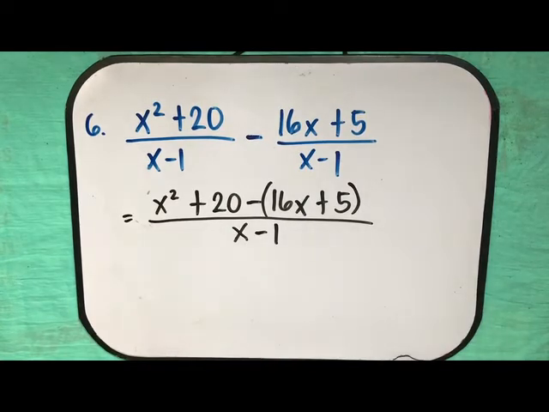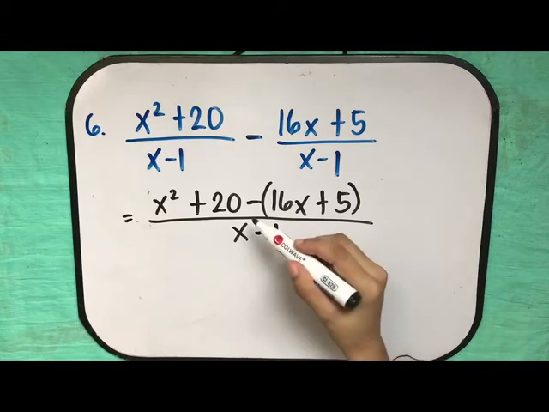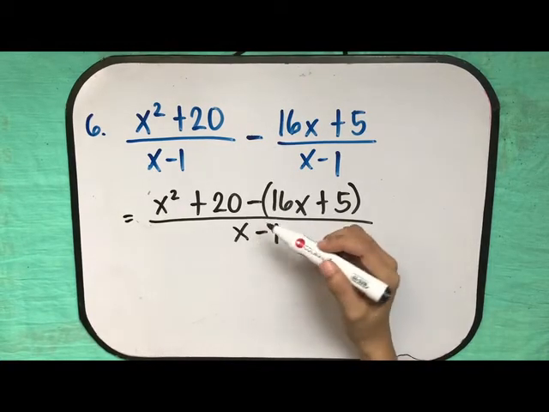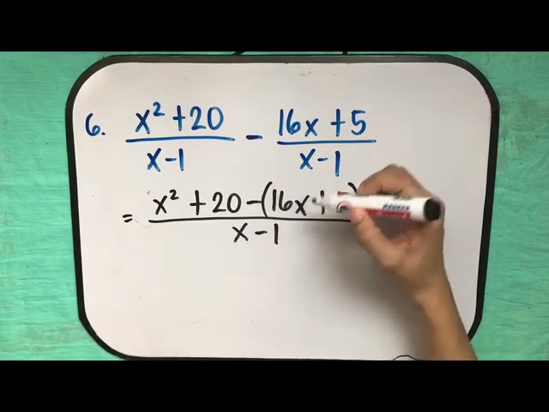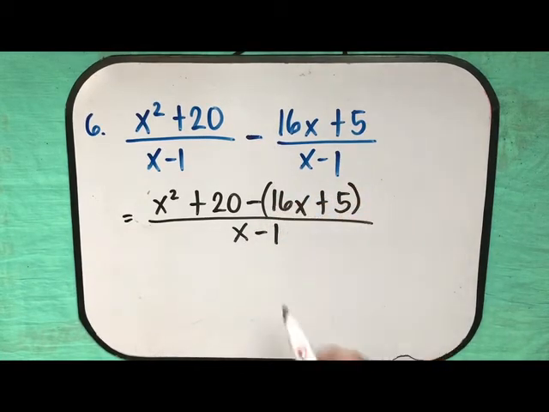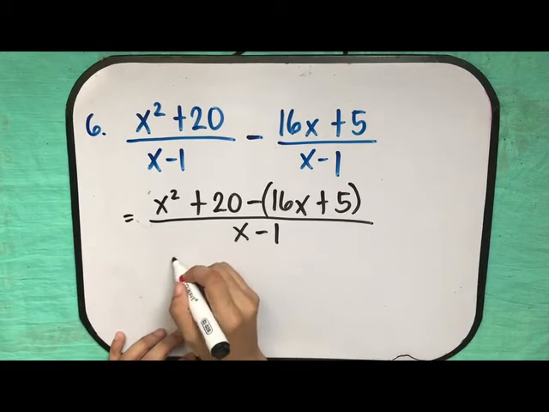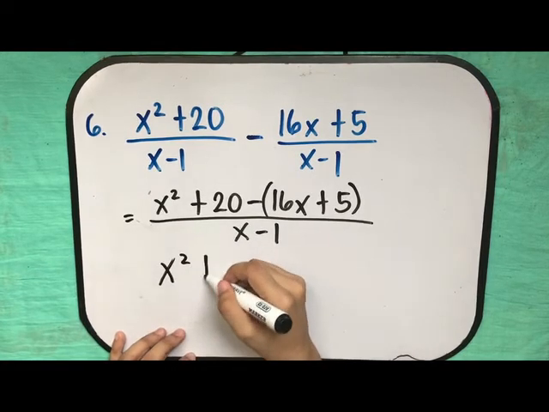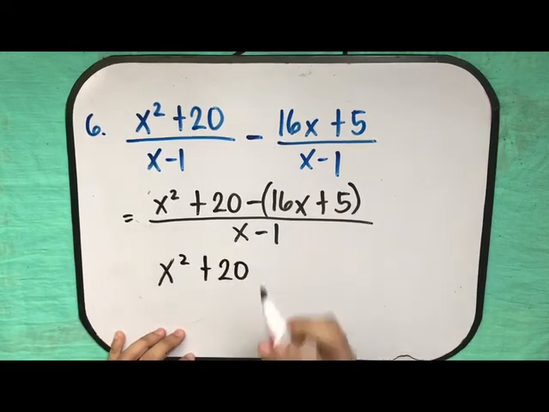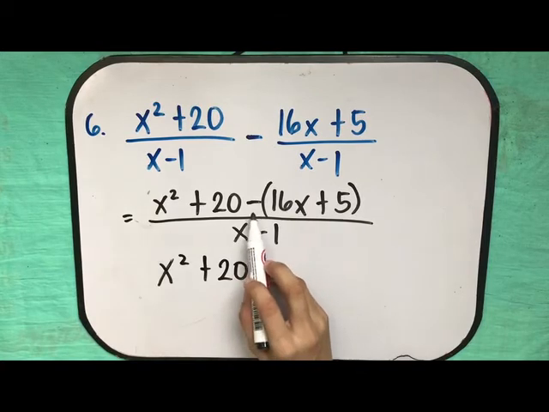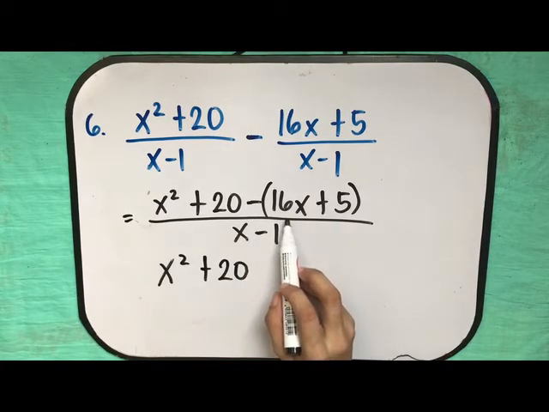Since the operation is subtraction and we are subtracting a binomial from another binomial, we have to distribute this negative sign first. It will be multiplied to the binomial inside the parentheses. So we'll copy first x² + 20 and then distribute the negative sign. It will be negative times positive 16.